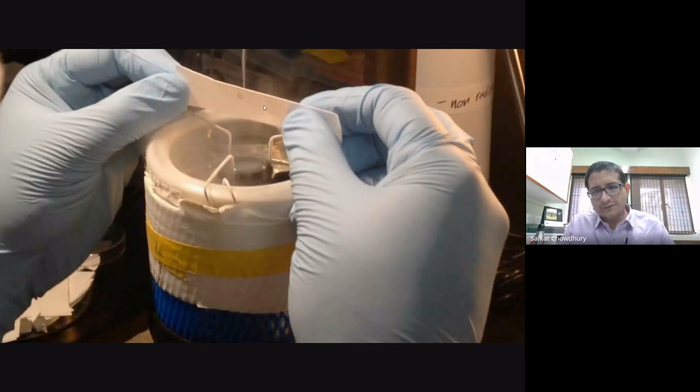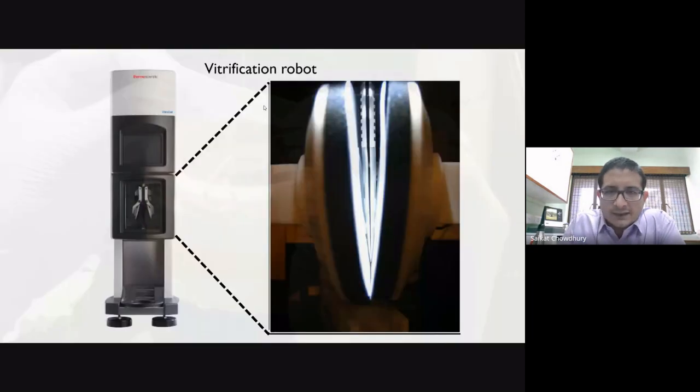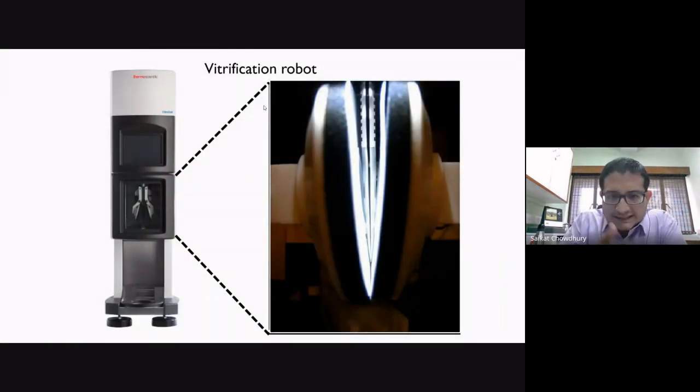So once we smack it with the filter paper and remove the excess, we dunk it into the liquid ethane for rapid freezing, because ethane has a very high specific heat capacity, so it can draw off heat from the specimen very fast, leading to its vitrification and not forming any crystalline ice. So nowadays, we also use these kind of fancy robots.